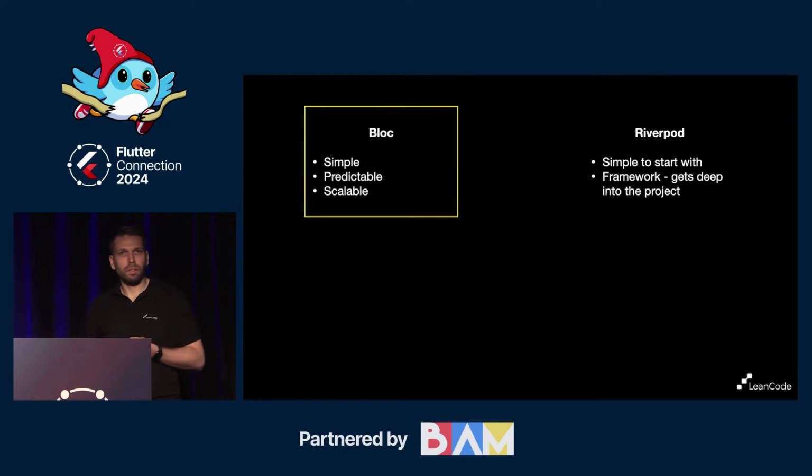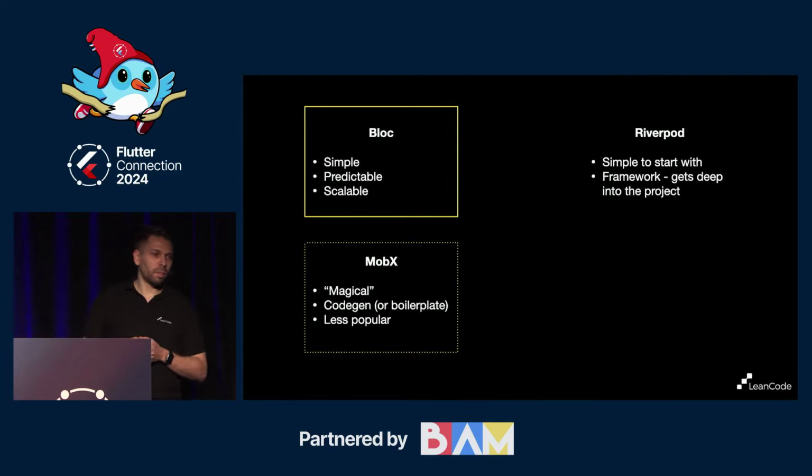But Riverpod is also more like a framework. If you commit to using Riverpod in a project, you practically end up using it everywhere. That's something we don't want to be limited by, because as I've said, BLoC can be used only in some places and not in others.